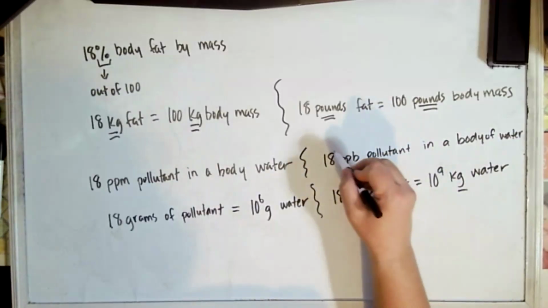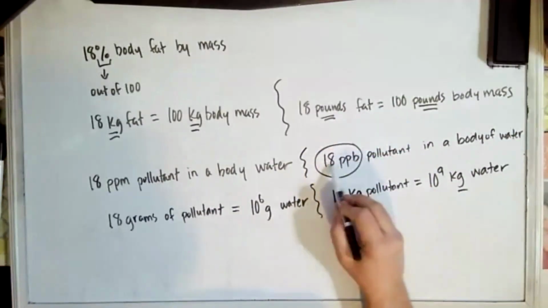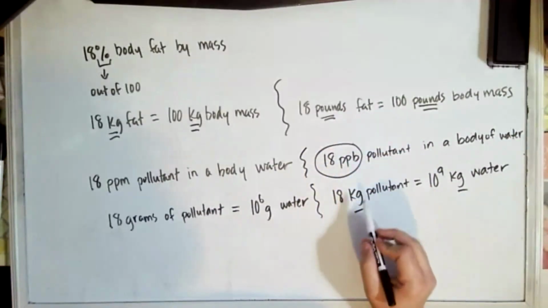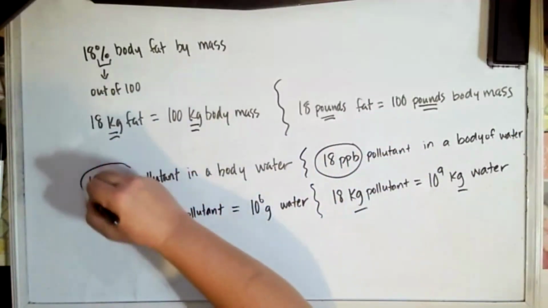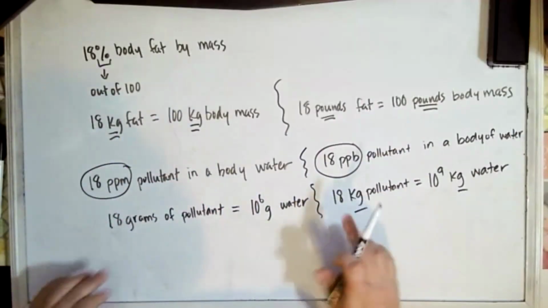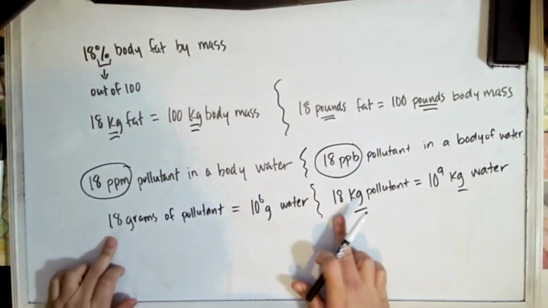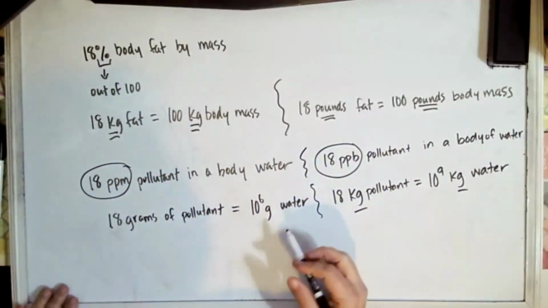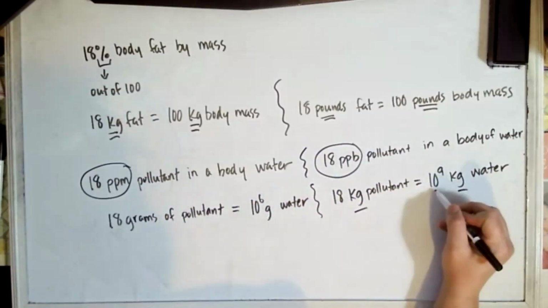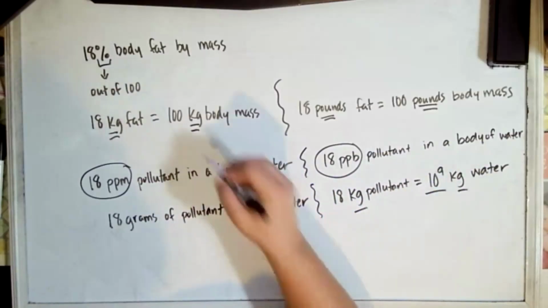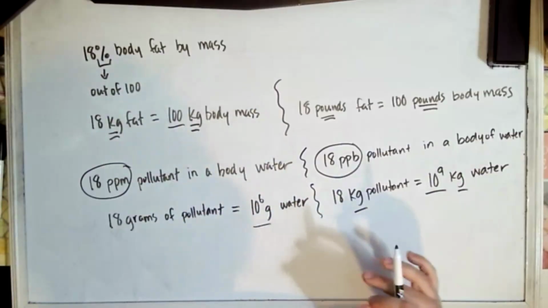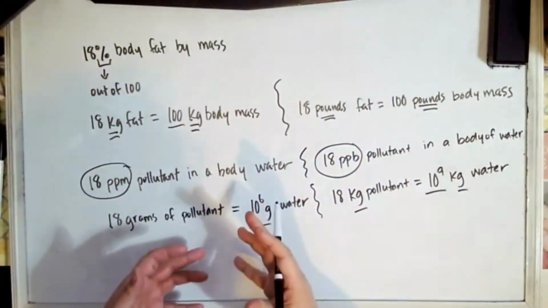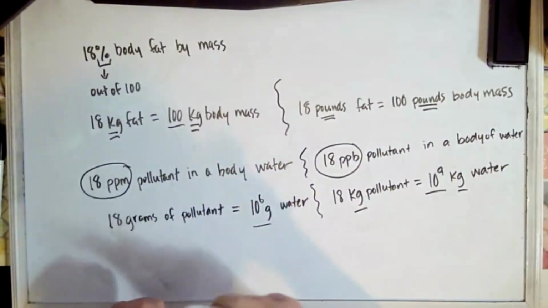And the value that goes along with ppb or ppm represents the part that you're looking at. And the 10 to the 9 or the 10 to the 6 or the 100 represents the whole amount. Okay.